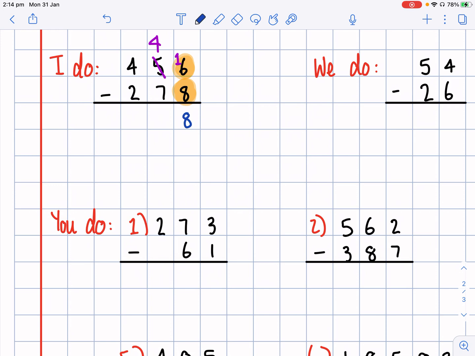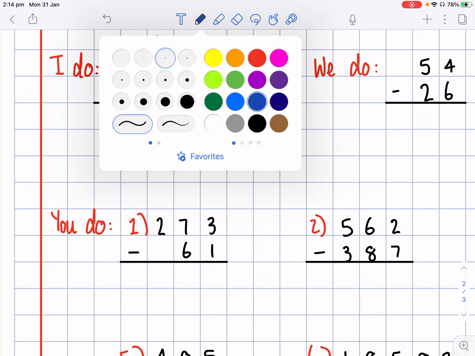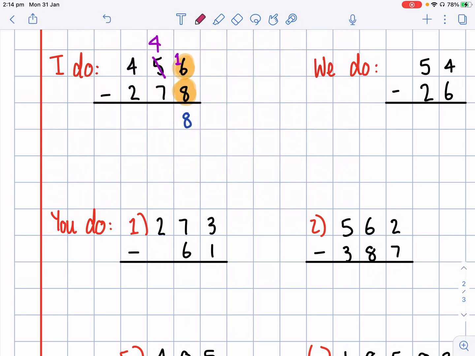4 minus 7. Now I've come up to the exact same problem. I can't do it. 4 is less than 7. So I'm going to have to borrow again, from the column next to it. Technically, I'm in the tens, so I'm going to borrow 100, but we don't stress about that.